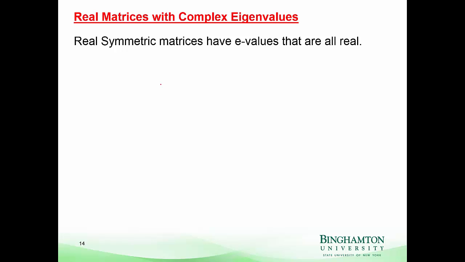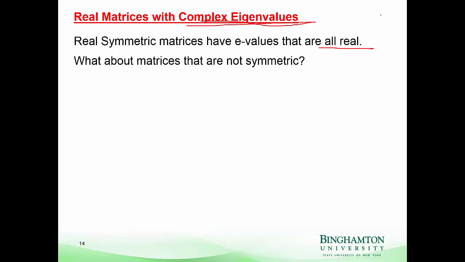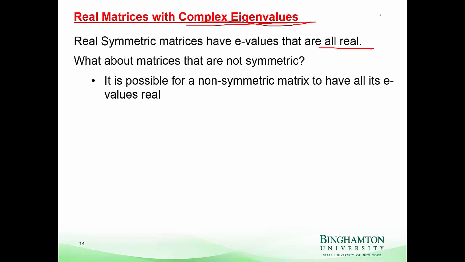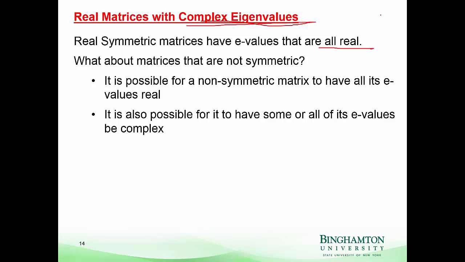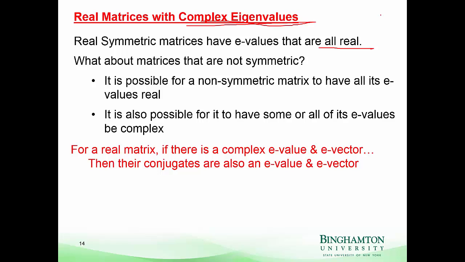Now let's talk about the fact that we can have some complex eigenvalues. Real symmetric matrices prohibit that. We end up with all real values. But for matrices that are not symmetric, it's possible for them to have all of its eigenvalues real, but it's also possible that some or all of the eigenvalues of a non-symmetric matrix could be complex or even purely imaginary.